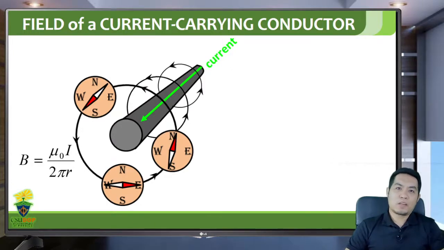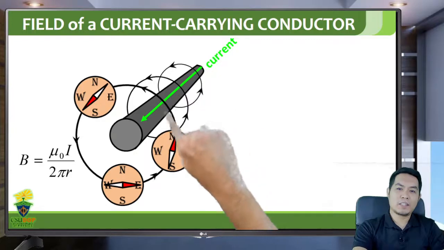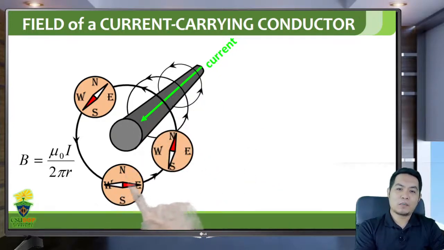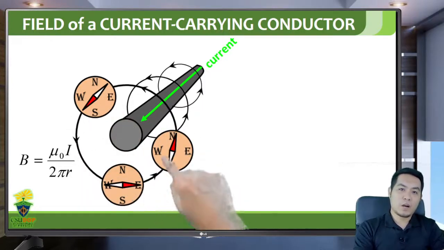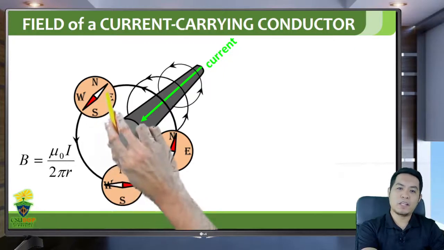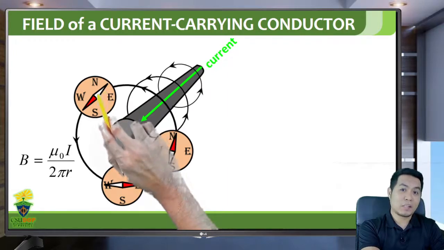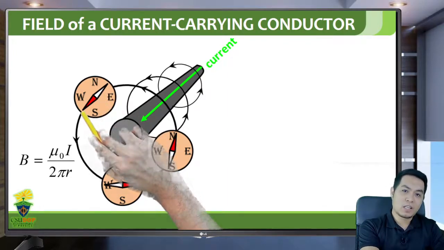If you place a compass around the wire, you will notice that the direction of the compass needle will change. It will conform to the direction of the magnetic field. In this case, if this is your current moving out of the page, then the magnetic field will curl around the wire in a counterclockwise motion. So if you place a compass here, the compass needle will be like this, indicating that the direction of the magnetic field at this point is southwest.